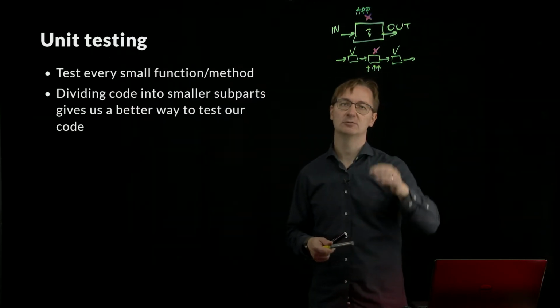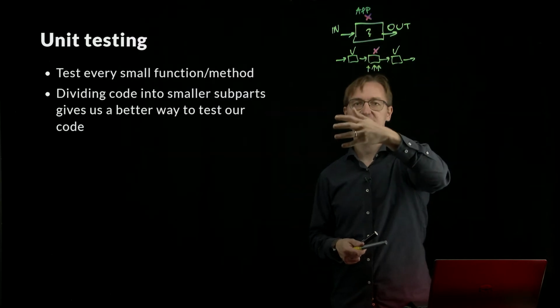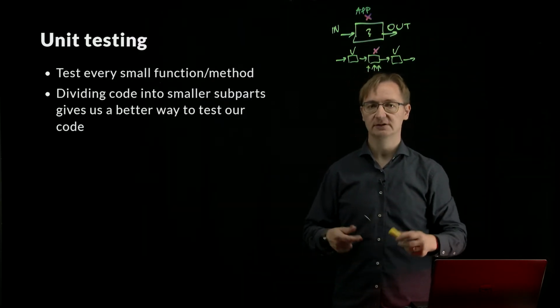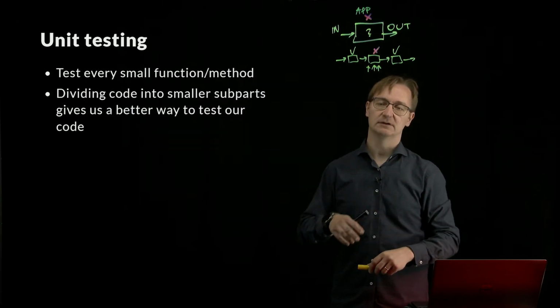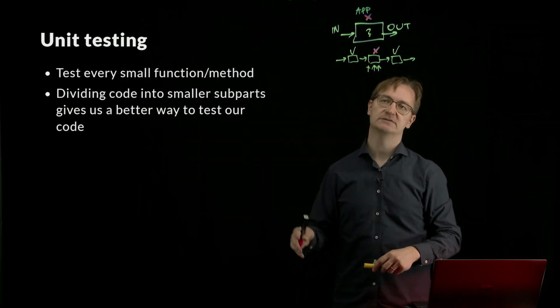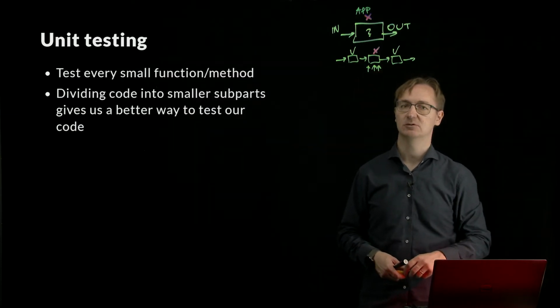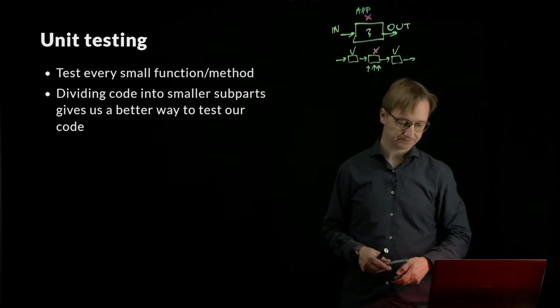So often, even if we have a smaller function, we divide the testing of this one function into smaller testing parts. We test with certain values, with positive numbers, then negative numbers, then with 0, and so on. So we can have different problems, but we will get to that later.